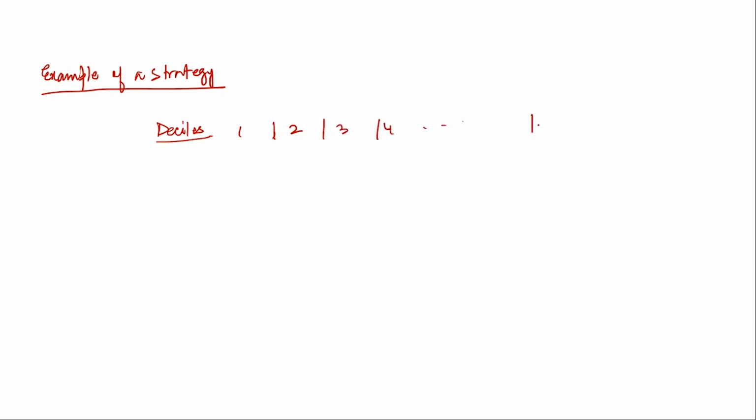All right. So finally, an example of a strategy. What you do is you have your deciles here, 1, 2, 3, 4, up to 10.